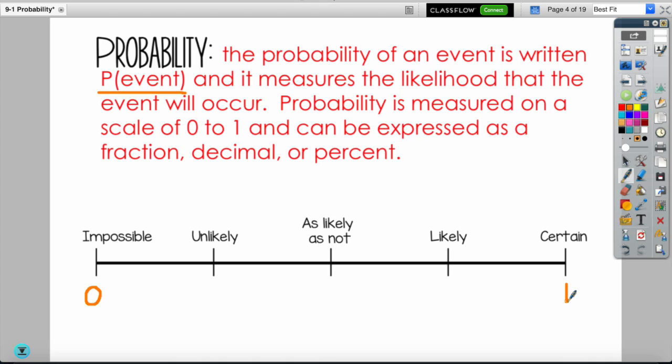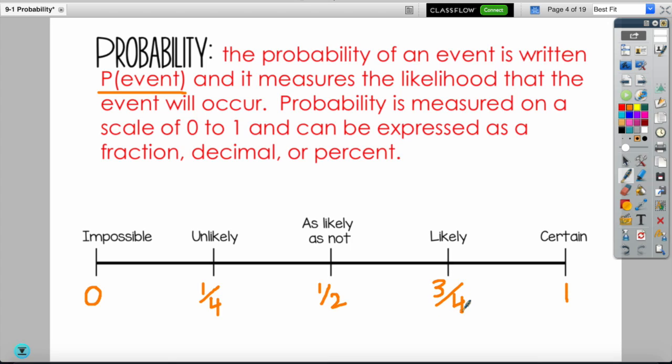From there, it can be broken down into quarters. As likely as not would be halfway through that, so that would be 1/2 or 50%. Unlikely would be half of that, which would be a quarter or 25%, and likely would be 3/4 or 75%.